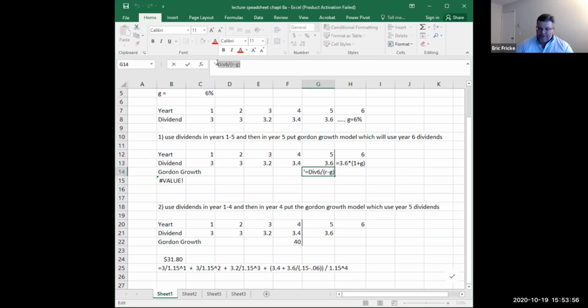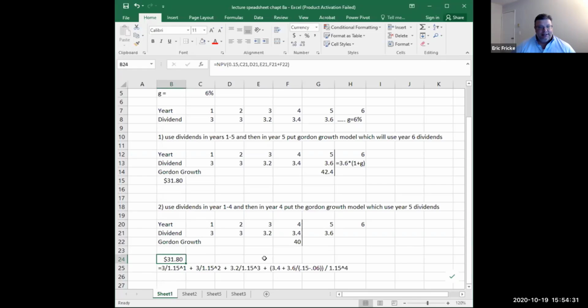So this is going to be equals 3.6 multiplied by 1 plus 0.06, all divided by 0.15 minus 0.06. Okay, so we got 31.8, which is exactly the same answer as we got doing it the shorter way.